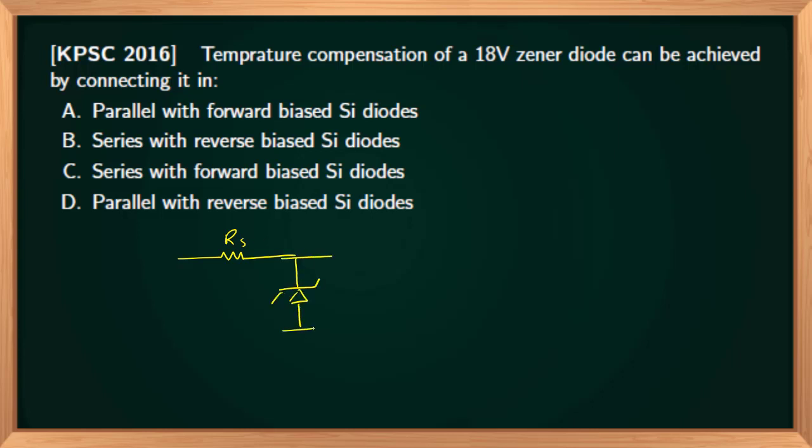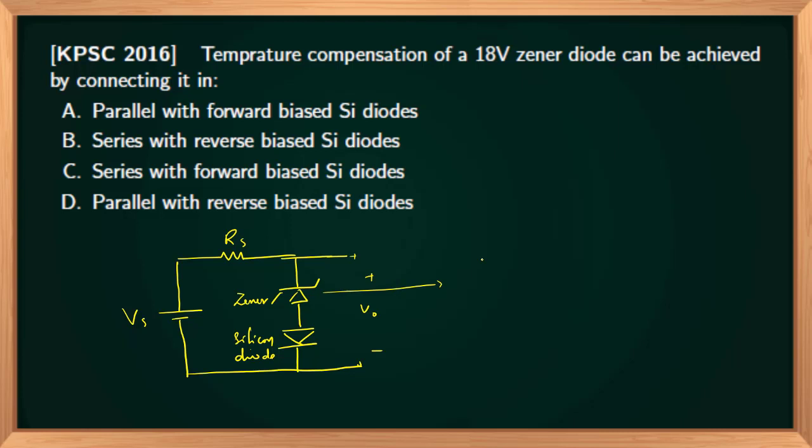For temperature compensation, we will connect an ordinary silicon diode in series with the reverse biased Zener diode. This is a silicon diode and this is the output. Now, Zener diode has a positive temperature coefficient of voltage.